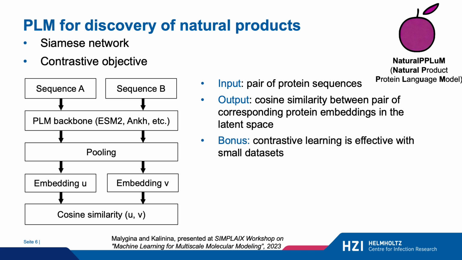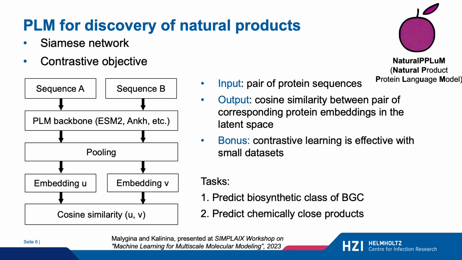One of the cool features of Siamese networks is that they are capable of providing nice results even in cases where the training data is very limited. That's exactly our case. In this work, we'll try to solve two different tasks with Siamese networks. Let's take a closer look.